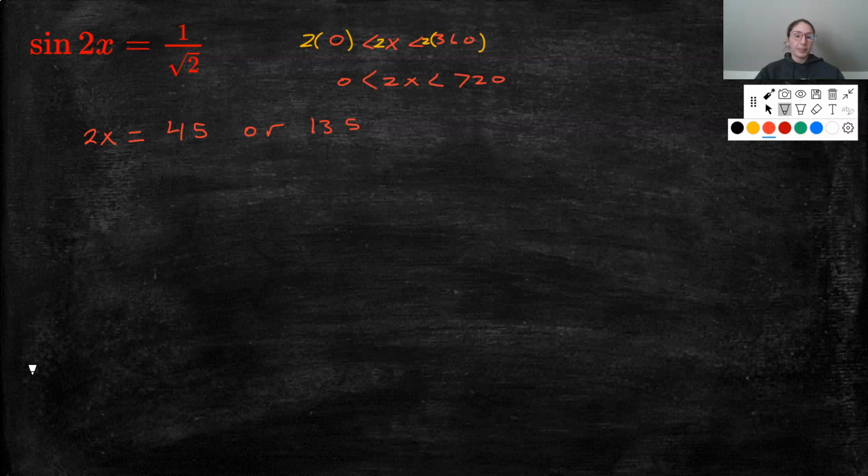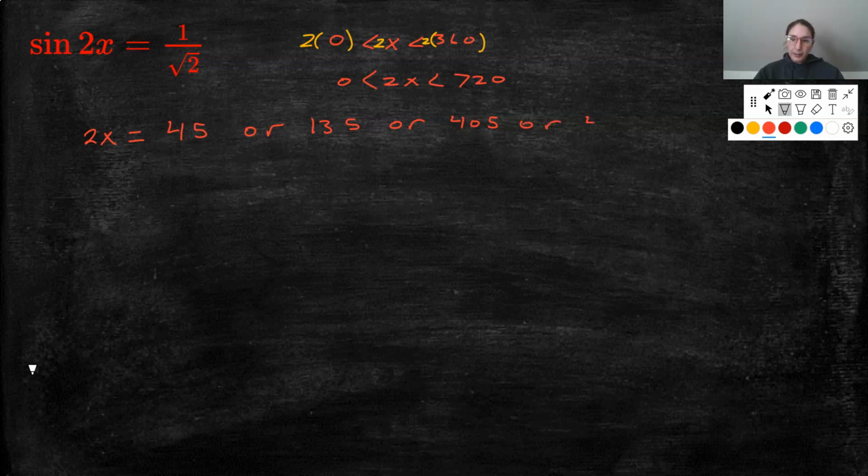It's the same thing. But I'm going between 0 and 720 for 2x. These guys live between 0 and 360, so I need to keep going. So let's add 360 onto this, and that's going to be 405. Let's add 360 to this.